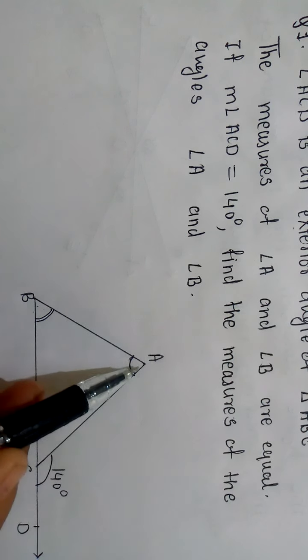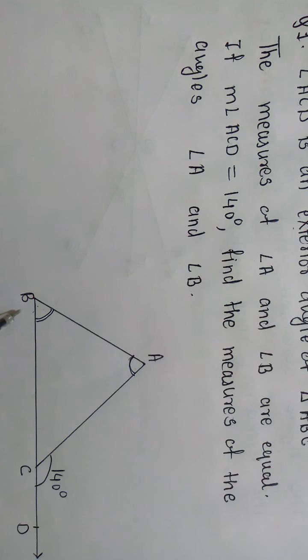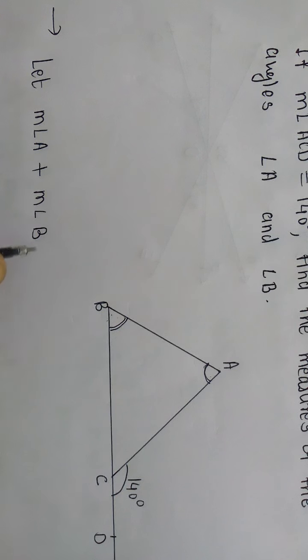So if angle A and angle B are equal, we can consider them as x. So here we will write: let measure of angle A is equal to measure of angle B is equal to x degrees.